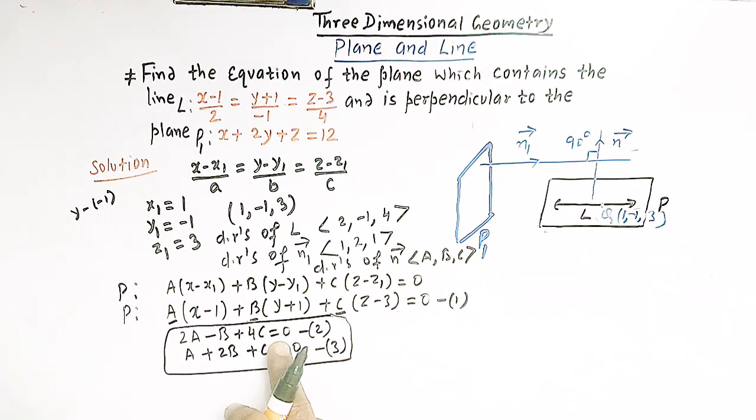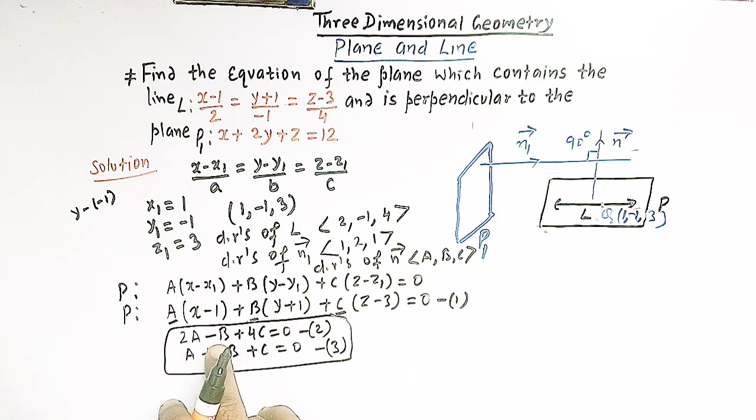Now these two equations can be solved by using the method of cross multiplication, but here we'll prefer the method of elimination, right? In the method of elimination, we'll select any of these variables. So let us select B here, and let us equate the coefficients of B in these two equations.